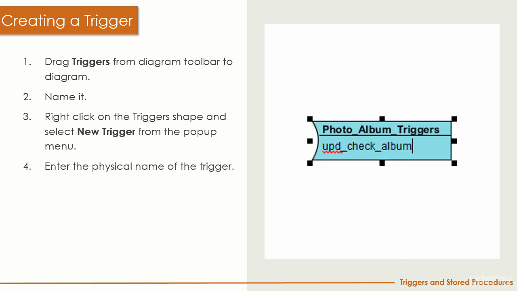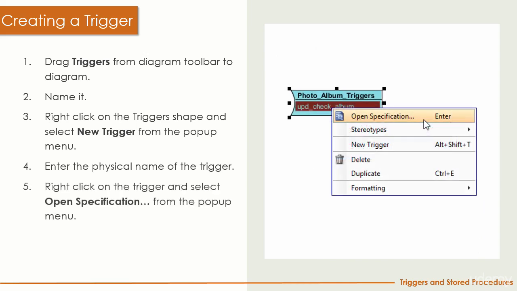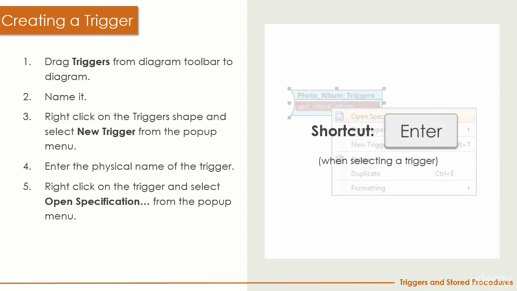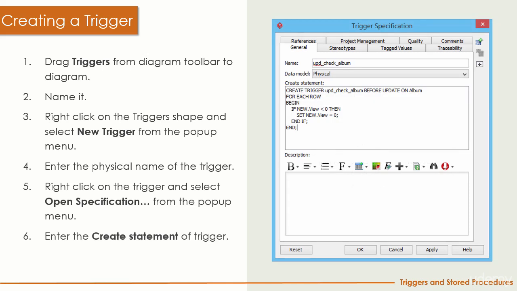Then you enter the name of the trigger, and again you right click on the trigger and open the specification, or you press enter. Then you go to the specification dialog box to enter your trigger, and after that you can click OK to finish the trigger creation.